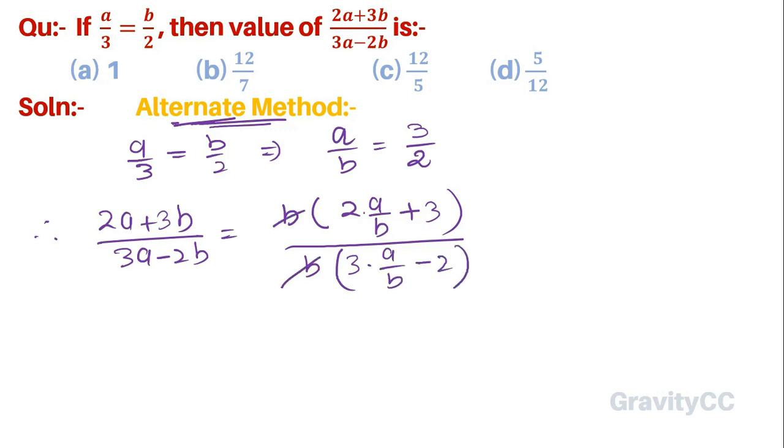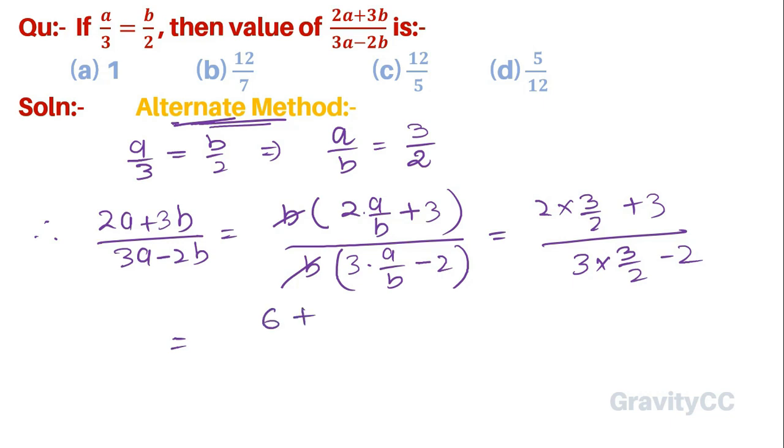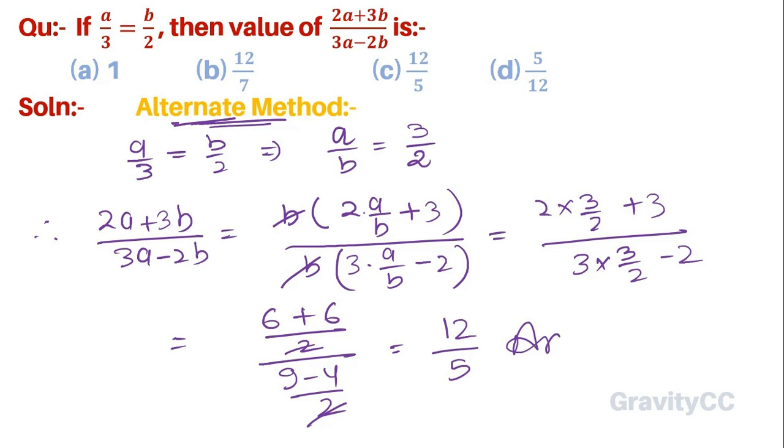So here B cancel. So is equal to 2 into 3 upon 2 plus 3 upon 3 into 3 upon 2 minus 2. So is equal to 6 plus 6 upon 2 and 9 minus 4 upon 2. So 2 cancel. So 12 upon 5. Answer. So option C is the correct answer.